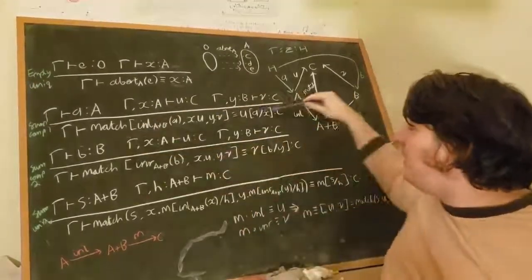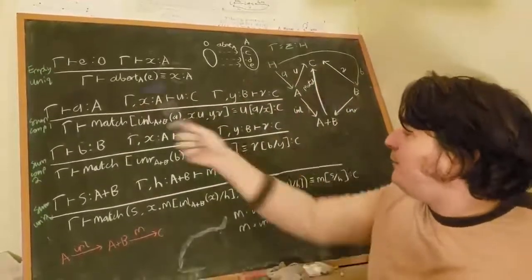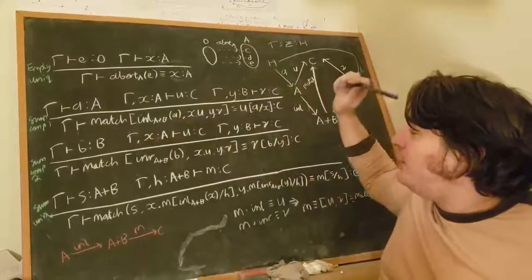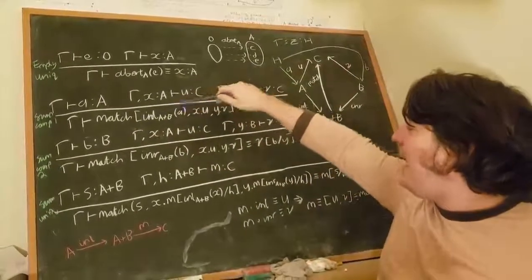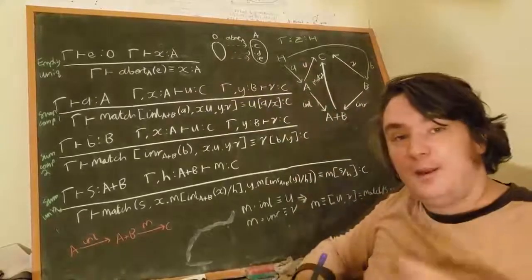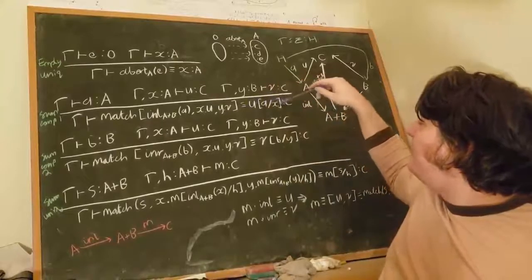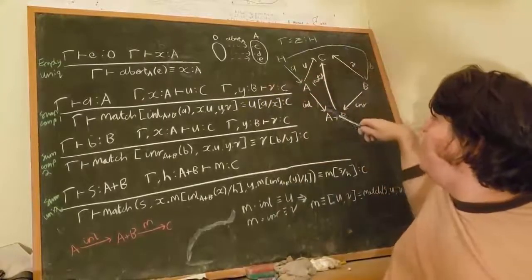This is telling us that it acts the way it should do. It's telling us that if we evaluate this piecewise function on the left injection of a, then the result will be the same as doing this function u on that value a. All right, so here's how we can think of it.